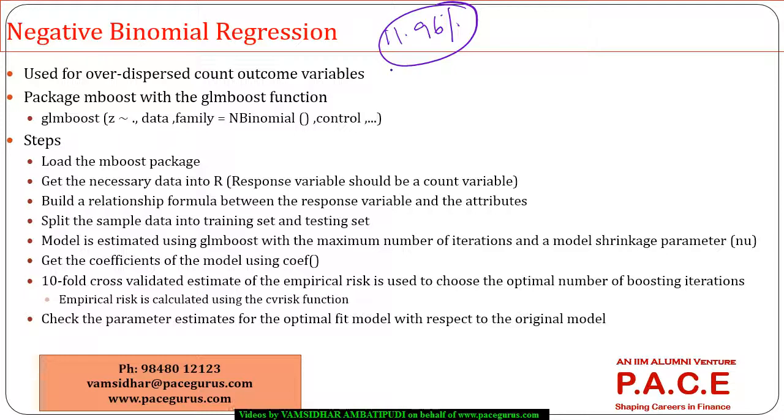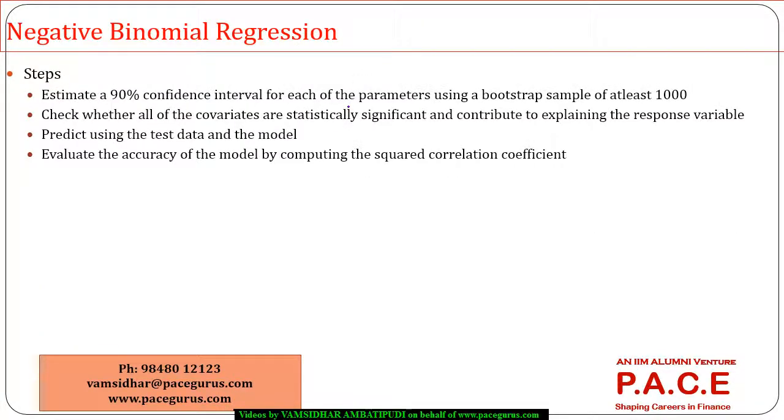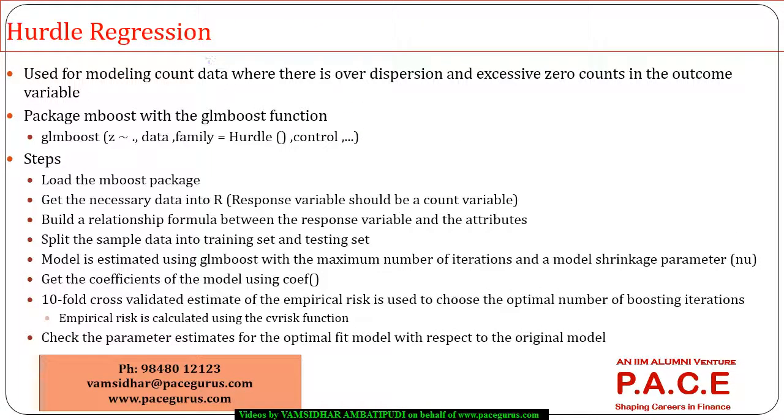Similarly, I have one more model which I can work with, on the same lines, which is the hurdle regression. Even this I use when there is over dispersion and if there are excessive zero counts in the data.